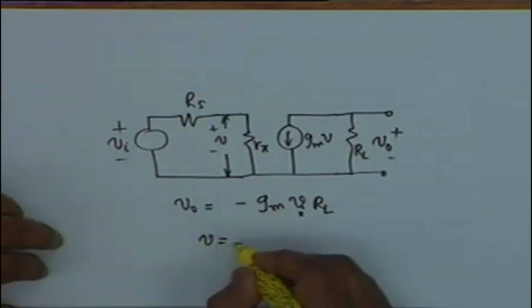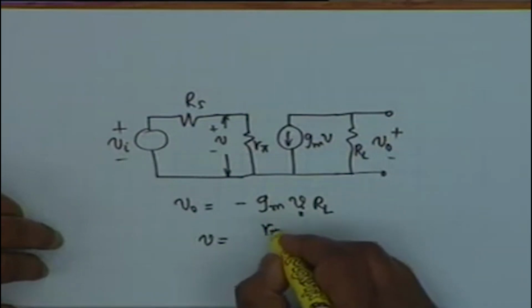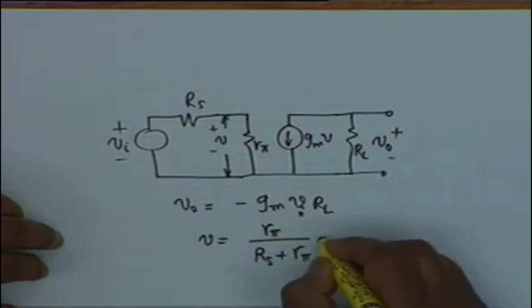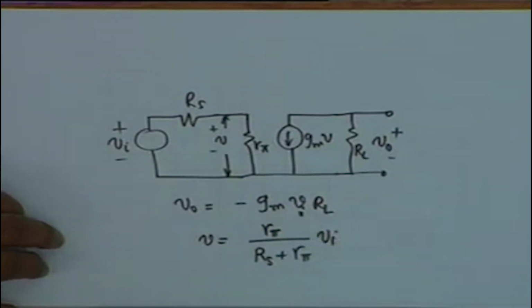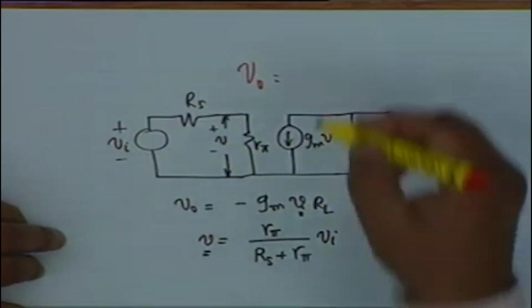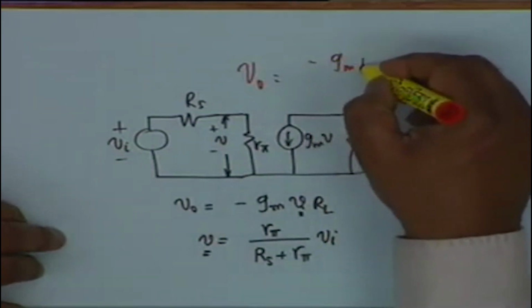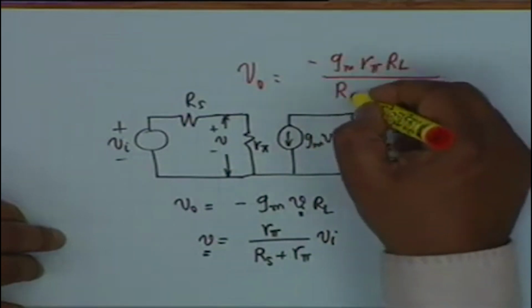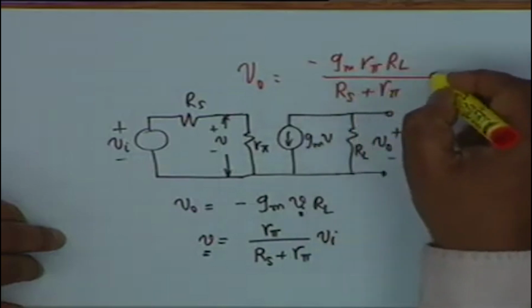And you can see that small v is nothing but R pi divided by Rs plus R pi times Vi. So if I substitute this value of V in this relation, then I get V0. Let me use a different color. V0 I get equal to minus Gm R pi RL divided by Rs plus R pi times Vi.